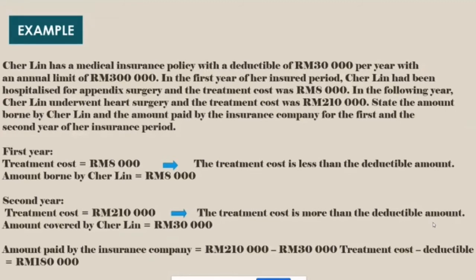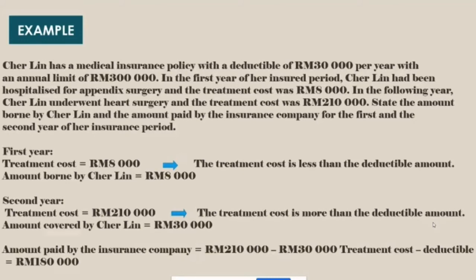So, the first year's treatment cost is 8,000 ringgit. This is less than the deductible amount. So, the amount borne by Sherlins is 8,000 ringgit. And the second year's treatment cost is 210,000 ringgit.